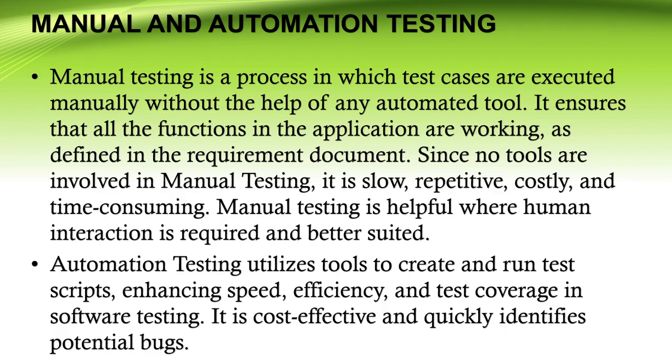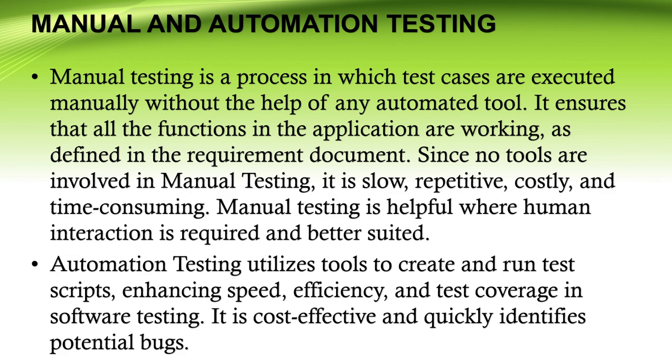So, what is automation testing? In automation testing, we utilize tools to create and run test scripts, enhancing speed, efficiency and test coverage in software testing. It is cost effective and quickly identifies potential bugs. So, manual testing is done by humans. We are not using any tools.